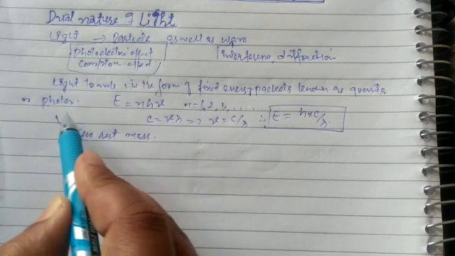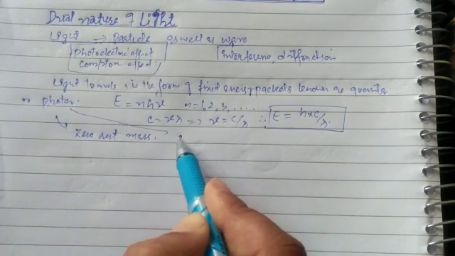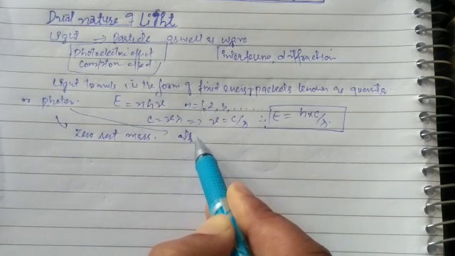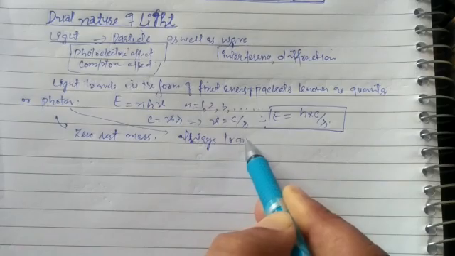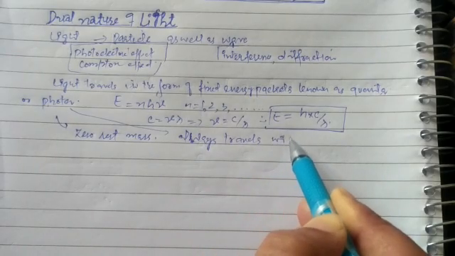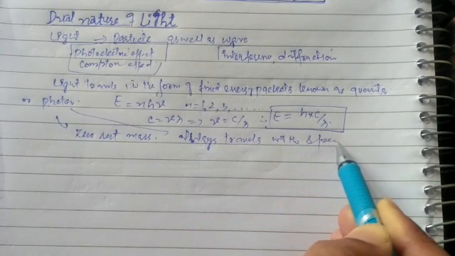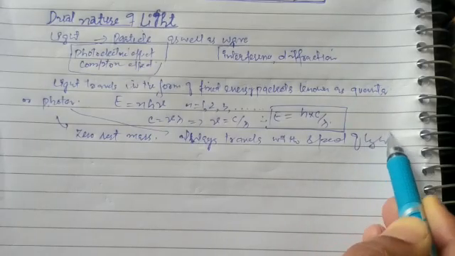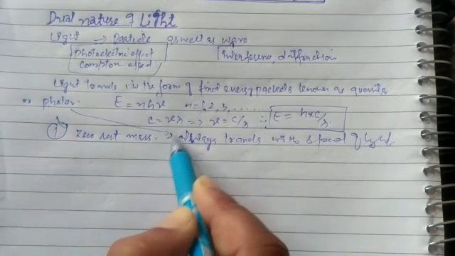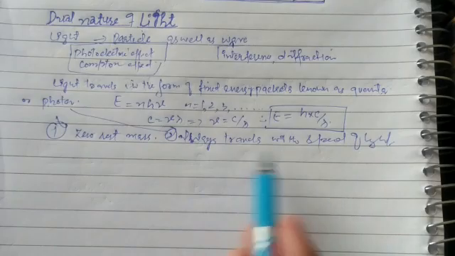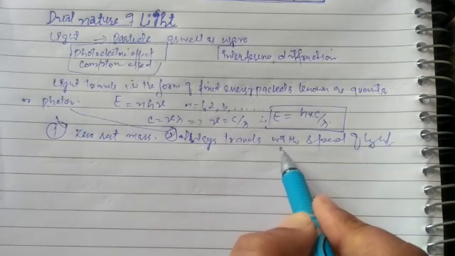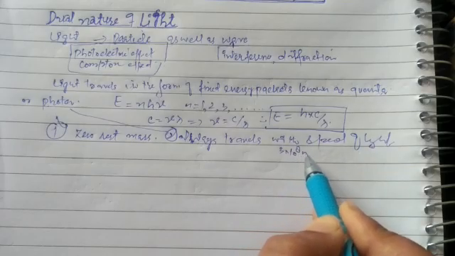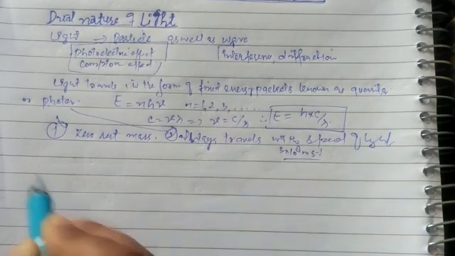This photon always travels with the speed of light, that is 3 into 10 raised to the power 8 meters per second, which we have to remember.